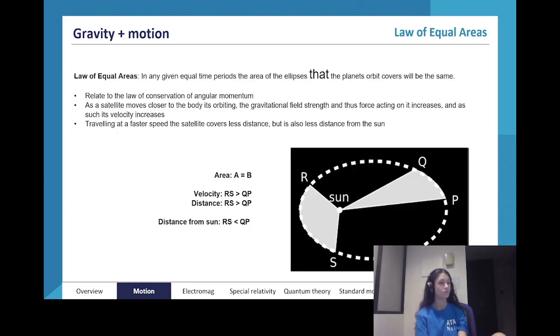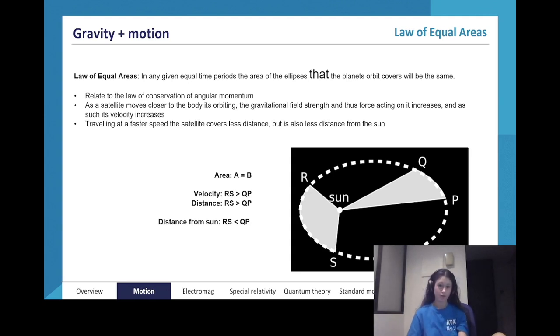The law of equal areas tells us that in any given equal time periods, the area of the ellipse that the planet's orbit covers will be the same.